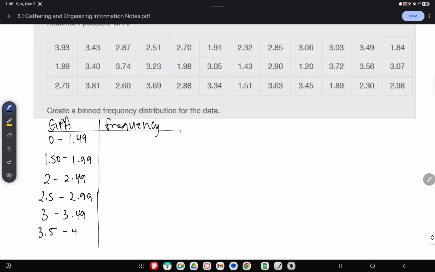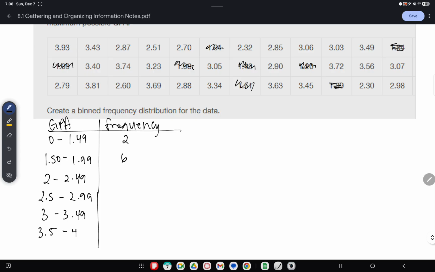So 0 and 1.49. So 1, 2, just 2. 1, 2, 3, 4, 5, 6.